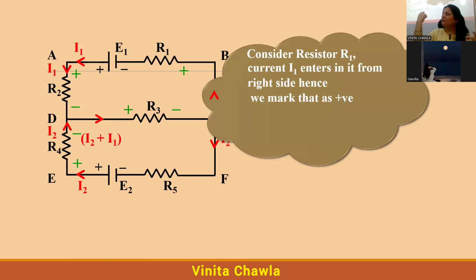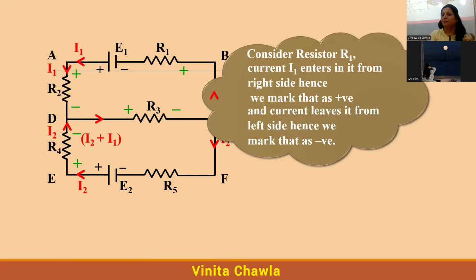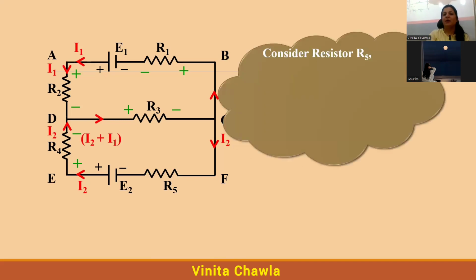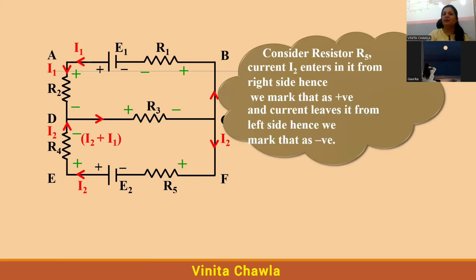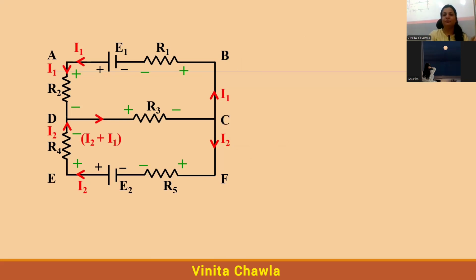Yes, current is entering from the right side, so we'll mark the right side as positive and the left side as negative. Clear? Similarly, for R5, again current is entering from the right, so we'll mark that as positive, and it is leaving from the left, so we'll mark that side as negative. Easy. Now you know how to mark the resistors. Plus minus कैसे mark करना पता लग गया, right?